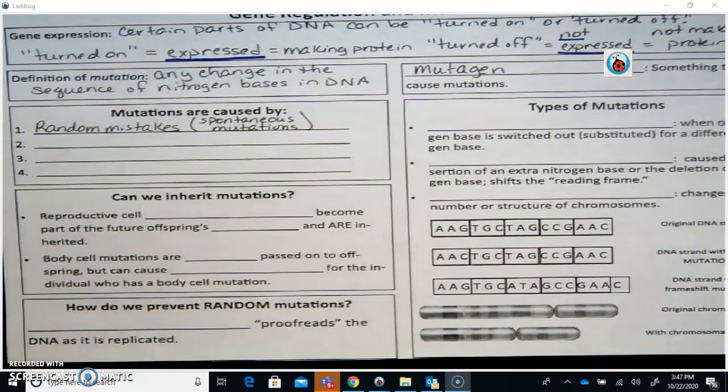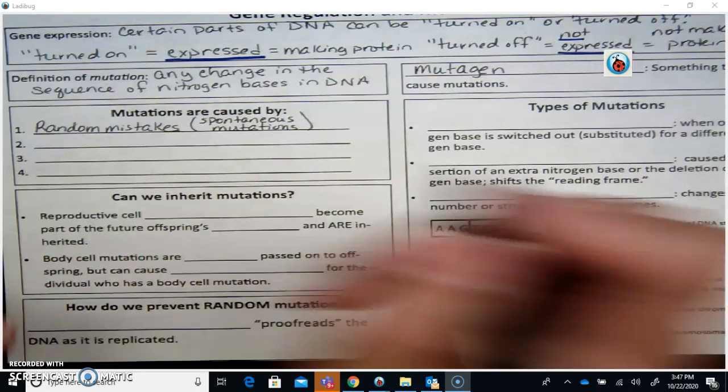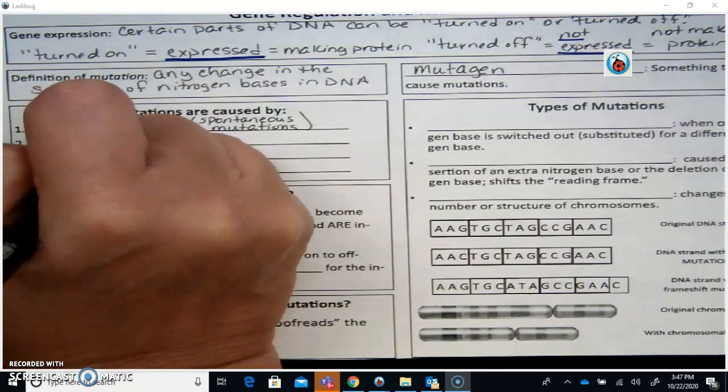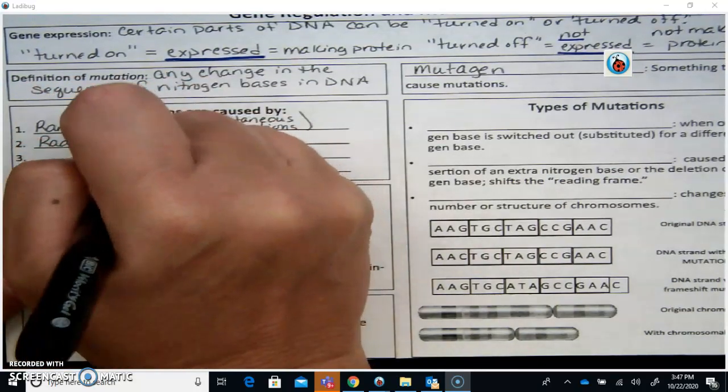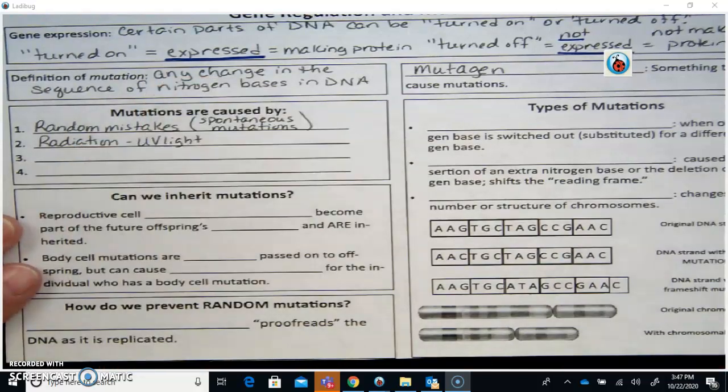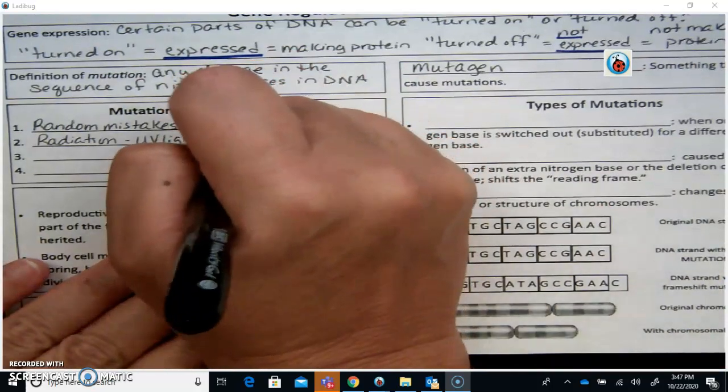Another cause of mutations is radiation. For example, UV light. This is one reason that you're supposed to wear sunscreen, to prevent UV rays from damaging your skin. Well, particularly what we're talking about is your DNA. You know that excessive sun exposure can lead to skin cancer or even x-rays.